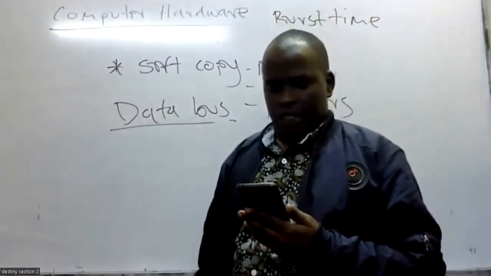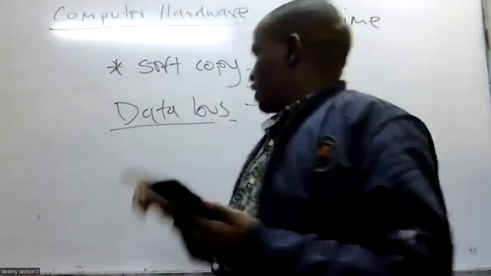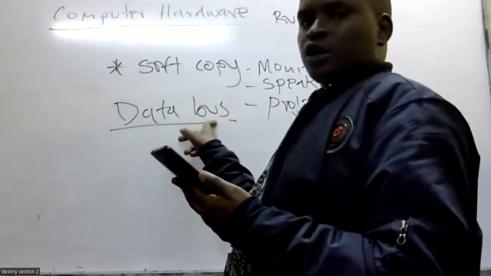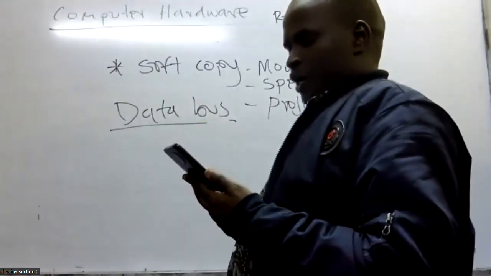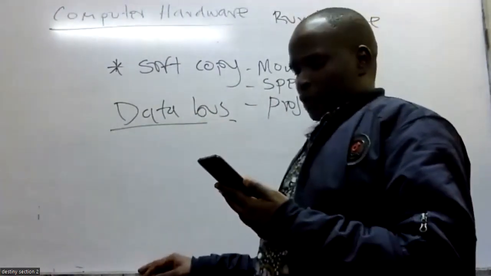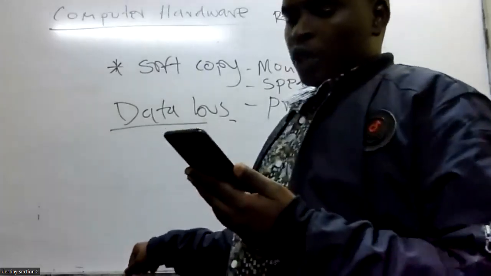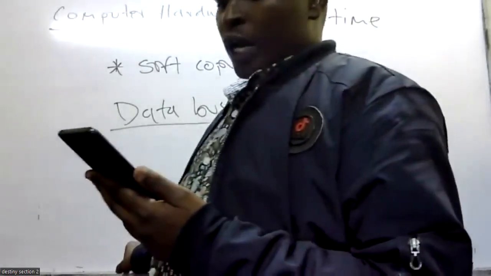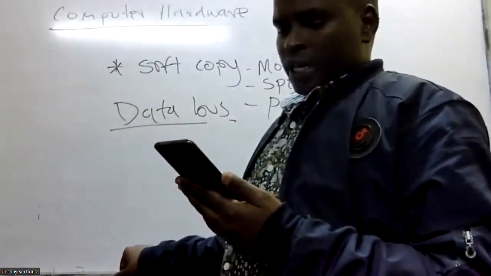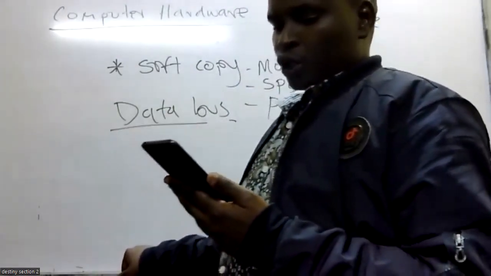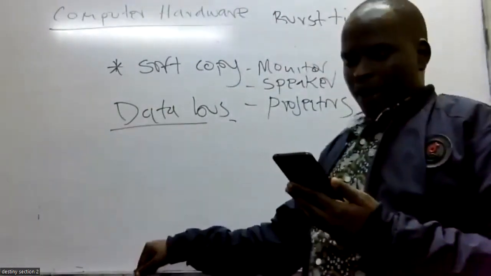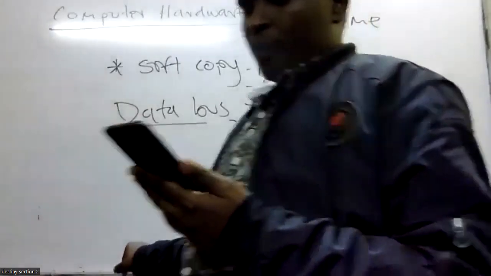First, the control bus. This is the pathway for all the timing and controlling functions sent by the control unit to other parts of the computer system.